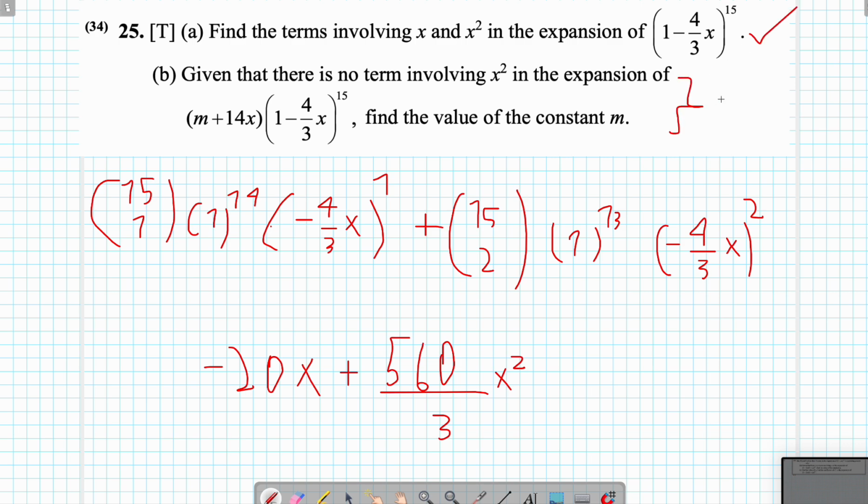And then for part B, they want the summation of the x squared terms to be equal to 0. So we're gonna have to distribute this with m plus 14x.